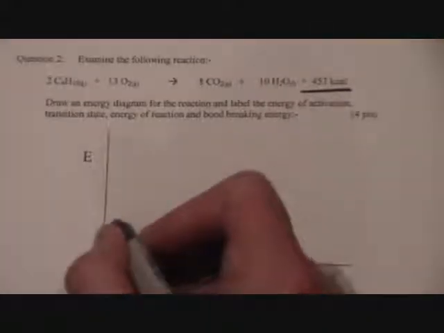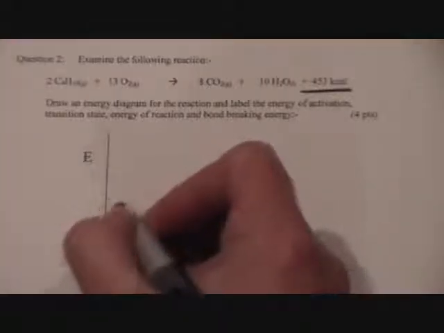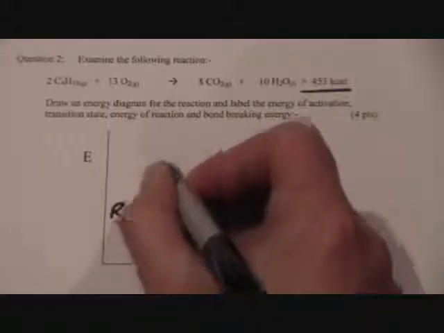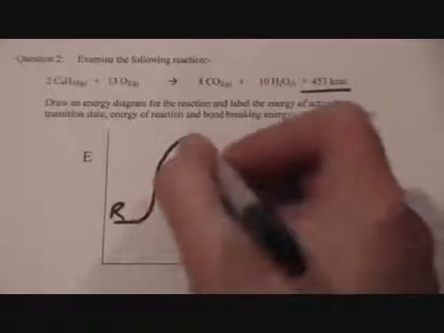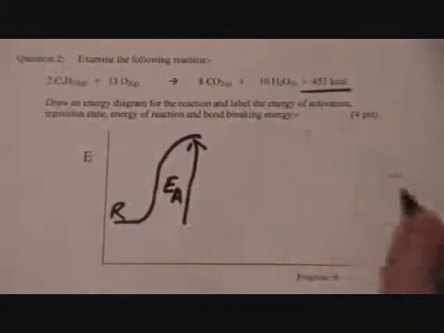So from our starting level, somewhere on the page, maybe about halfway to a third of the way up, this is the energy of our initial reagents, the butane and the oxygen gas. There's energy going in to satisfy the energy of activation, the energy needed to break the existing chemical bonds.